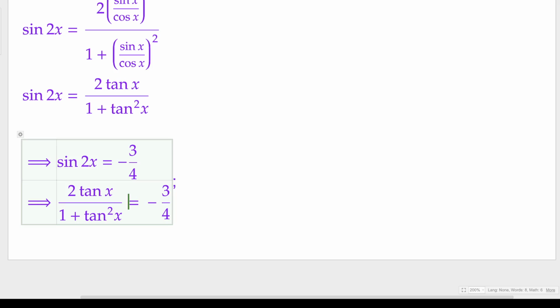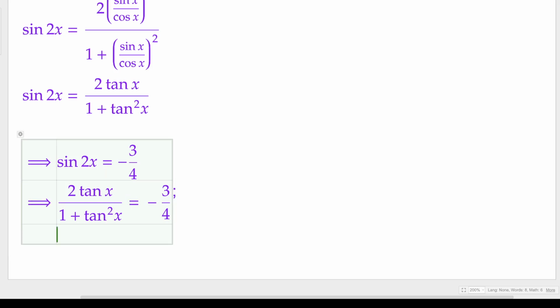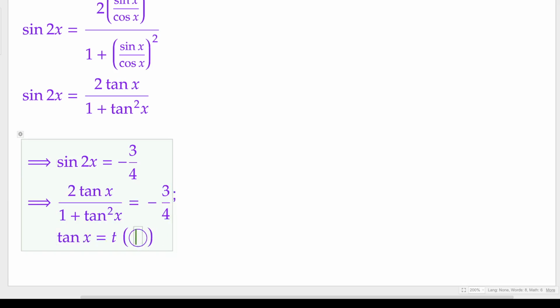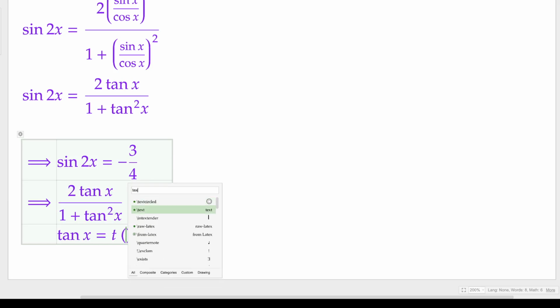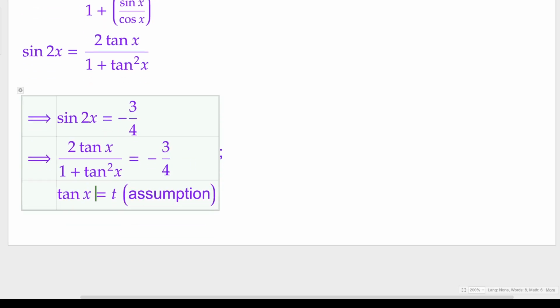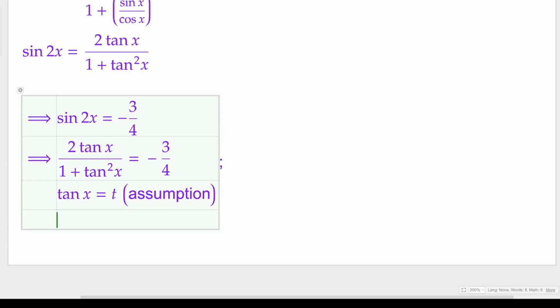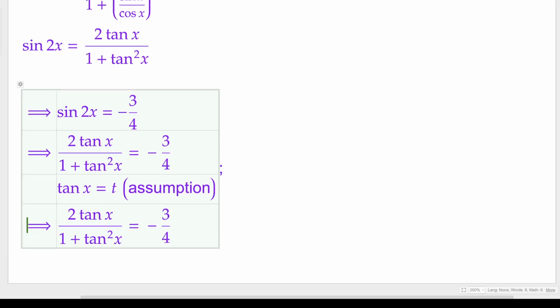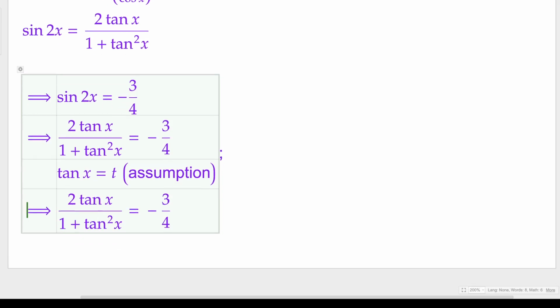Now for simplicity, I'll consider tan x as t. This is my assumption: let t be tan x. With regard to this t, I'll be solving this equation after making appropriate substitution.